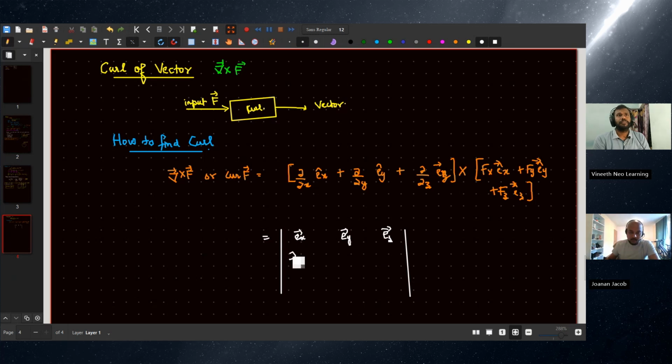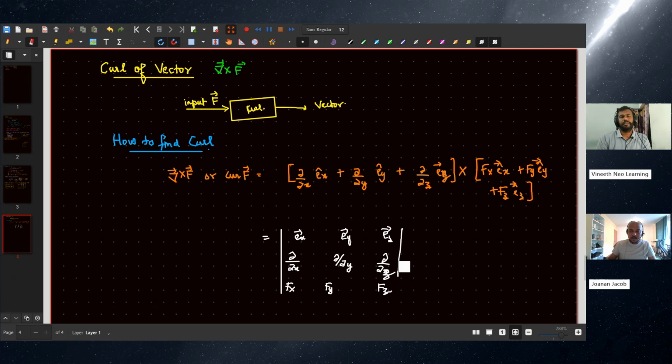Then dou x, dou y, dou z. Then fx, fy, fz. Now, you can take the derivative, find this determinant, and you will find the value of the curl. Hope you understood this. Any doubt here? No.